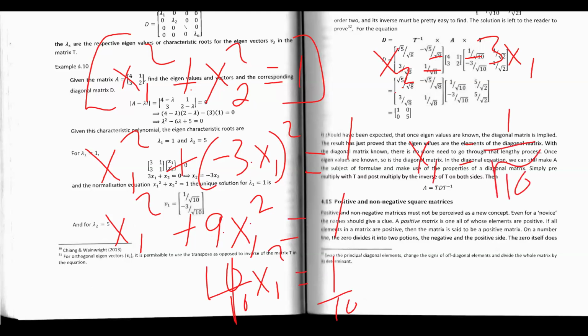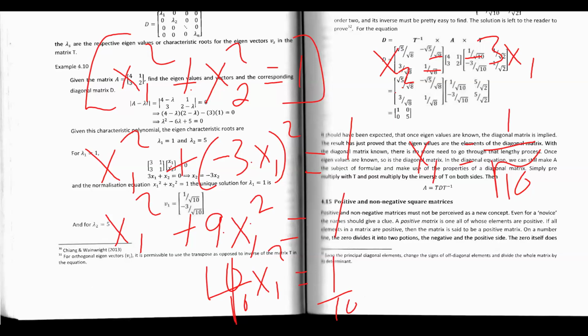Sir, if we moved x1, isn't it supposed to be a negative, if it crosses the sign? Which one? Isn't it supposed to be minus 9? Minus 1? After we substituted, we squared the 3.